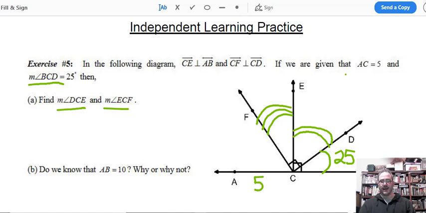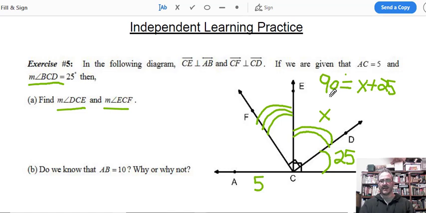Well, I know that this here is 90 degrees total. If this whole thing is 90, then part plus part will equal the whole, right? So it will equal x, call it x, plus 25.